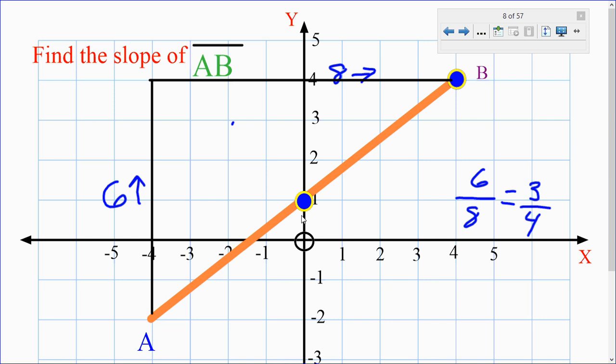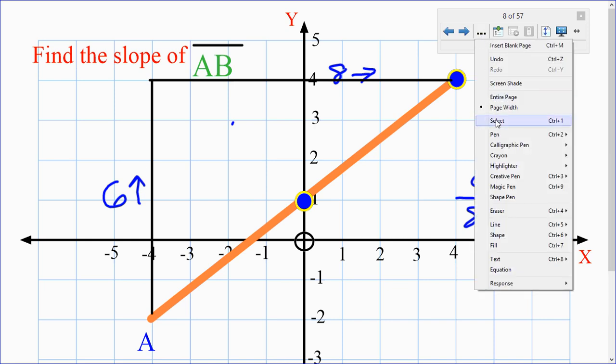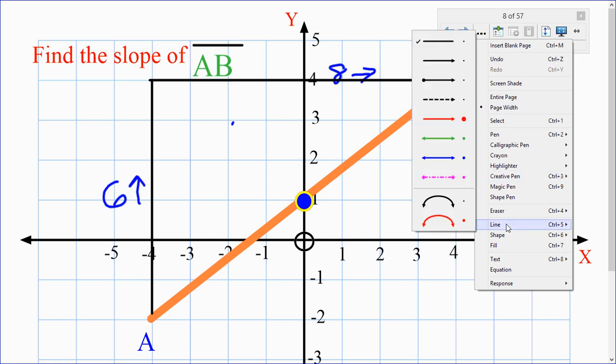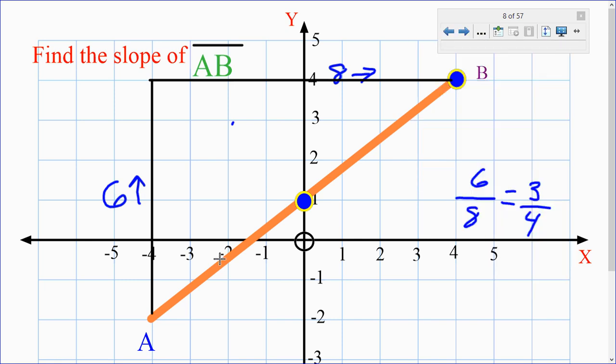And notice how we land right there on that point. So let's select tool, and let's get a line tool and mark that up. So up 3 we went, and over, and landed right on that line. So that went up 3.